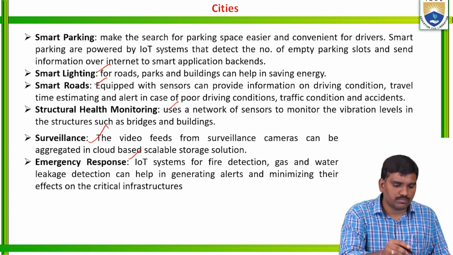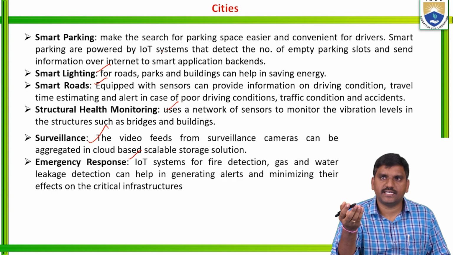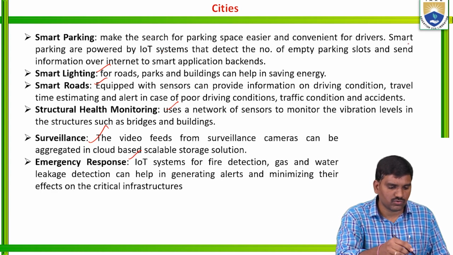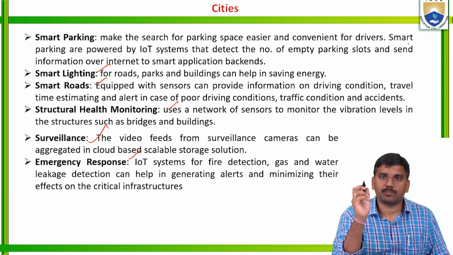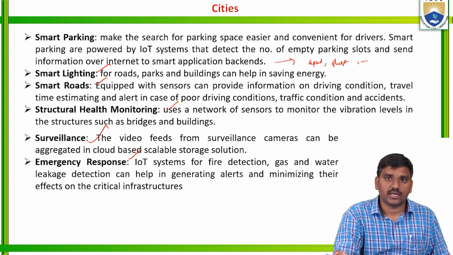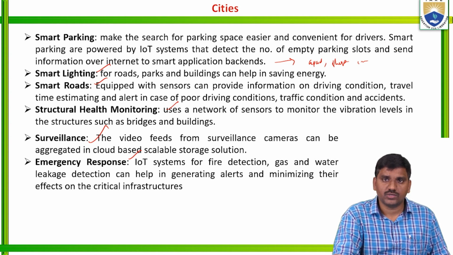Smart parking is powered by an IoT system that can detect the number of empty parking slots and send the information over the internet to the smart application backends. When you go to any apartment or big shopping mall, like CMR shopping mall, there is often no parking space for four-wheelers.